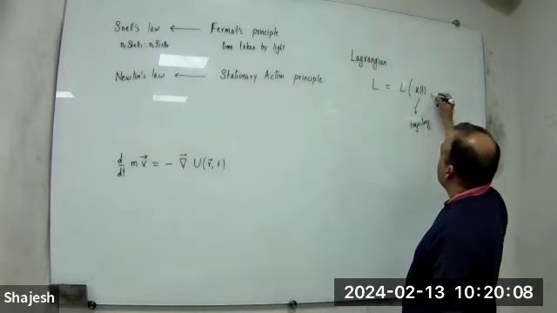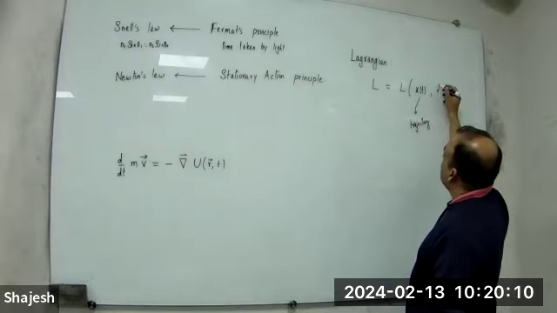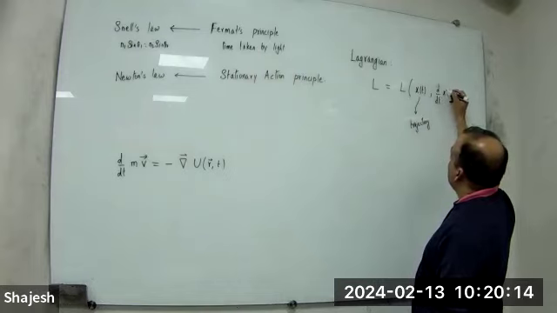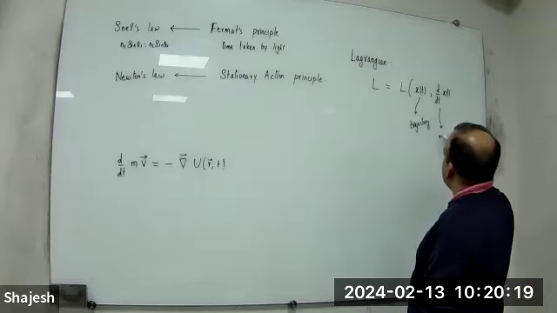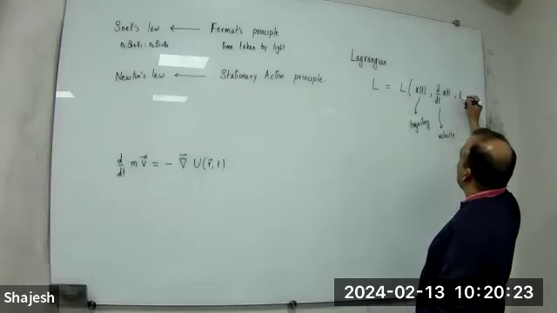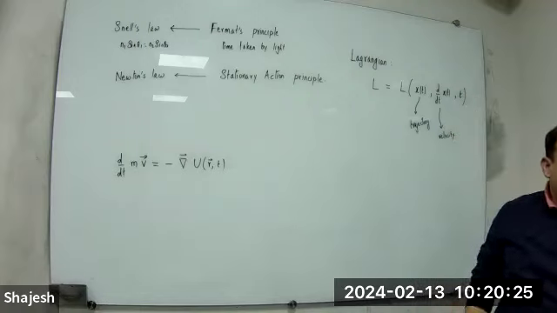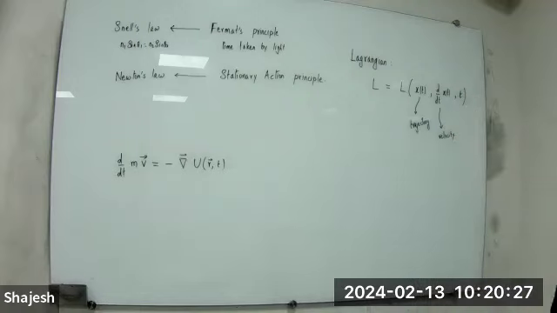Then we have velocity. This is the derivative of x as a function of time. So that's velocity. And it can also depend on t itself. So those are the three quantities we will have.